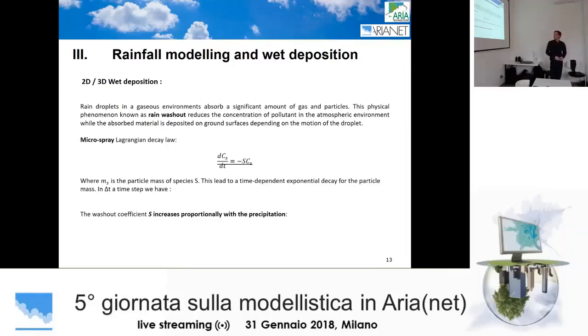The mass taken from the plume in the air depends on the concentration of the plume, and also on the washout coefficient computed proportionally to the precipitation. This gives us a decay law that describes the amount of gas taken from the plume and deposited on the ground.